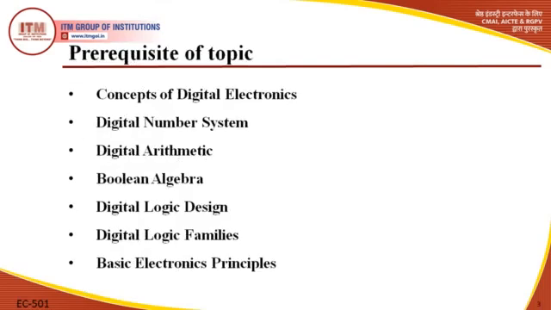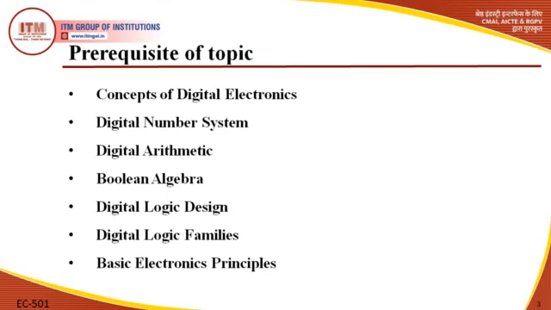So first let's have some prerequisite of topics. So you have to study the concept of digital electronics. All of you are expected to be familiar with the concept of digital electronics.